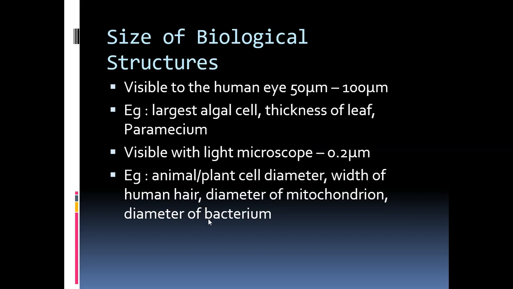So if you want to look at the diameter of a plant cell or animal cell, the width of a human hair, the diameter of a mitochondrion or the diameter of a bacterium, use the light microscope, because it will magnify those objects to a size that is observable to the eyes.